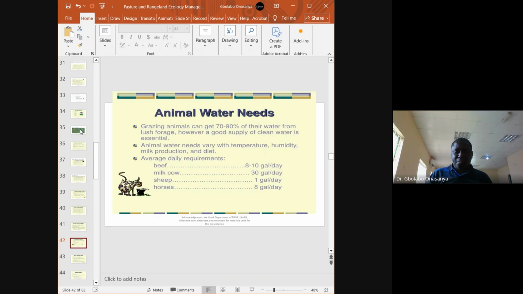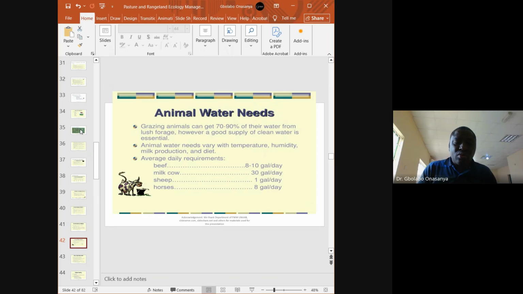Let me ask you, as a dairy farmer, why does a cow take more water? A dairy cow takes more water than beef cattle. And the answer is simple, because of the physiology of production.